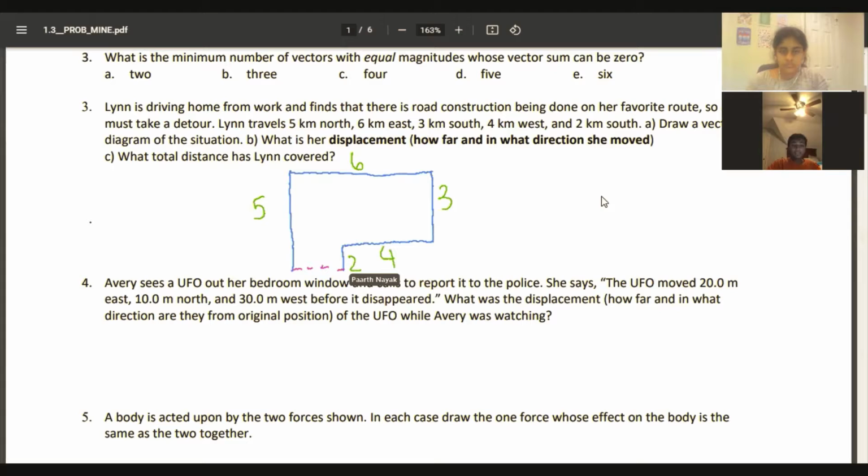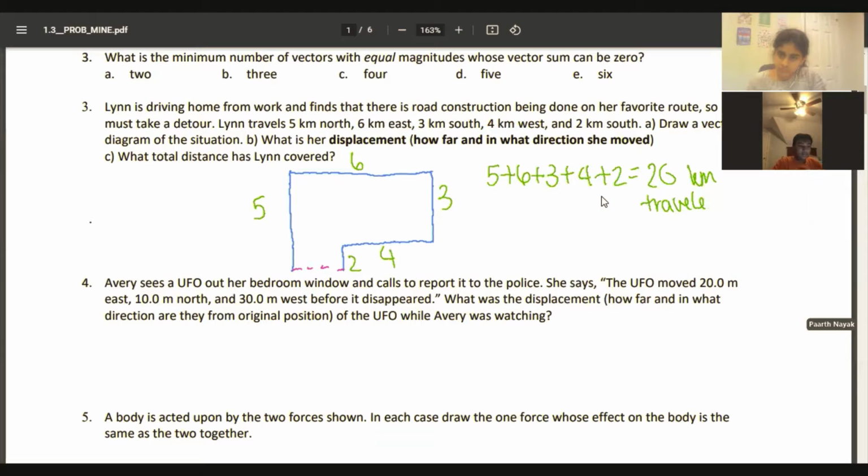Simply, distance is just the total amount you traveled. So that's 5 plus 6 plus 3 plus 4 plus 2. It's 20 kilometers traveled. And so that would be your distance.